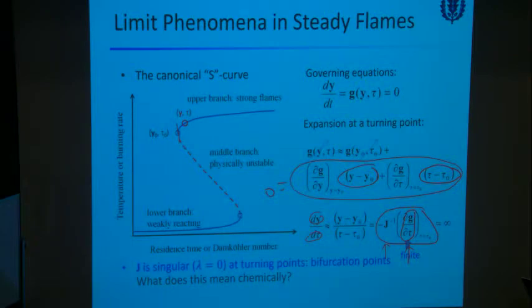So therefore, mathematically, it tells you the Jacobian becomes singular at the turning point, or extinction state, or ignition state. This is a very important message. Because what does it mean for the Jacobian to become singular? If you think of a set of linear equations, it only happens when some equation keeps on changing until it becomes redundant to something else. Because this is a nonlinear problem, if you go along this S curve, you get one set of equations, but the equations keep on rotating because it's nonlinear.